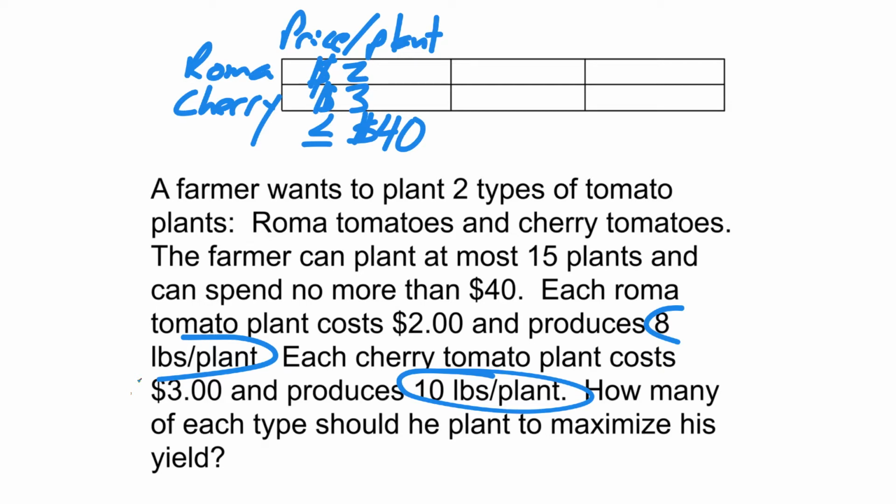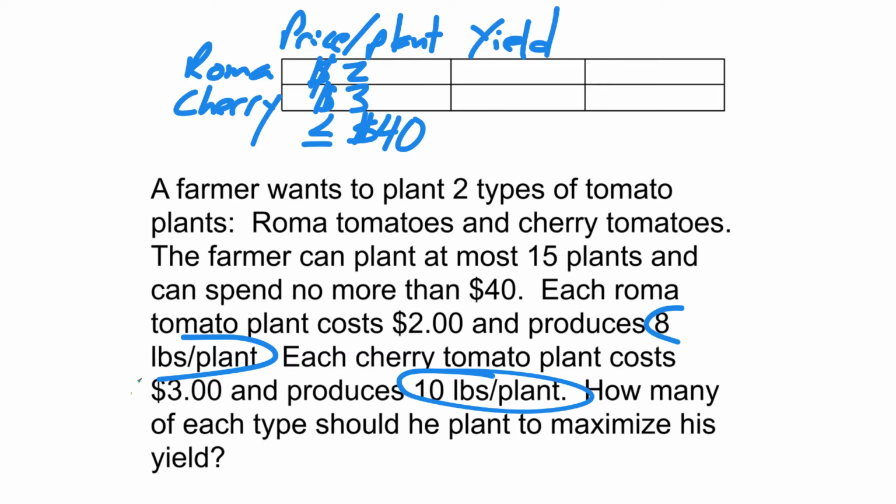Now I'm going to get a little fancy on you here. The amount that something produces is generally called its yield. So I'm going to title that column yield. But as you're making it for yourself, you might have called it amount produced or something like that. I mean, it's the same thing. All right. So now for the yield. How much do I get per Roma?